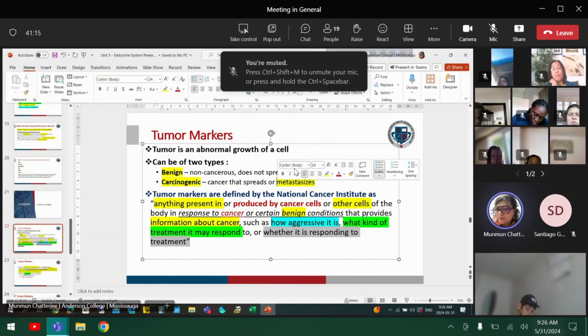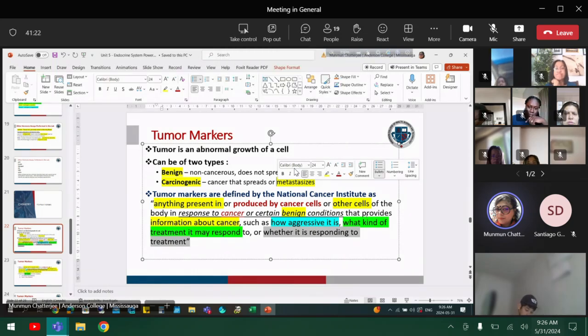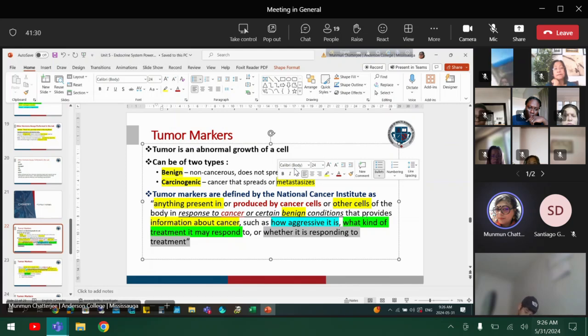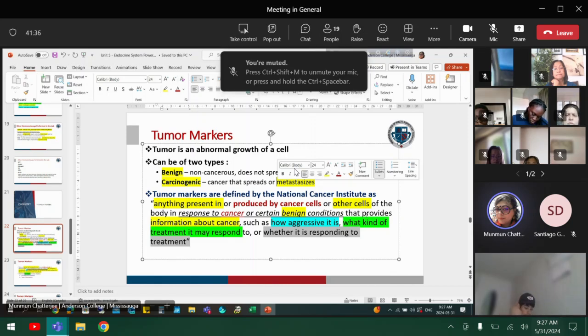Depending upon the condition or stage, doctors can decide what type of treatment they will do so that it may respond, or there is no need of treatment if it is benign, or there is no response to treatment at some stage.